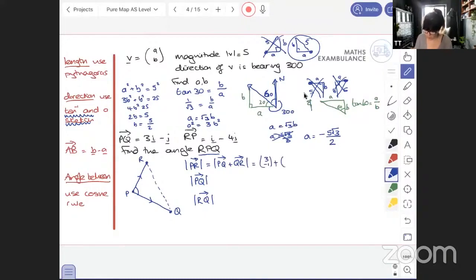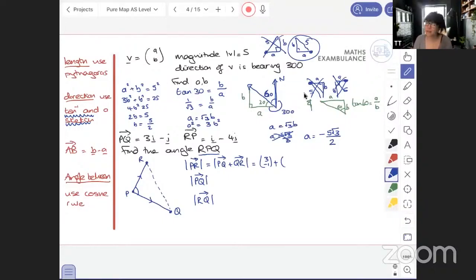Q to R, I don't know Q to R. Any ideas? I want to get from P to R. I thought you would jump in by now, all of you, but there is a lag. So maybe you have jumped in and I just haven't seen it yet because of the lag. Yay, you have. It's the opposite of R to P.